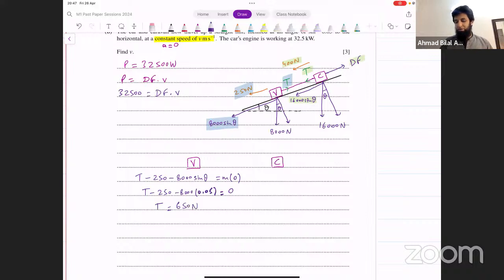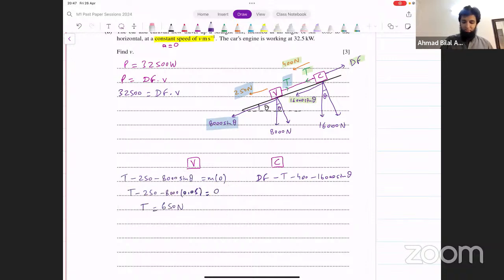Okay, now the other equation would be forward force for the car, which is driving force, minus the backward forces, which are T, 400, and 16,000 sine of theta. That equals mass into acceleration. Again, acceleration is 0, so the right side is just 0. We know the value of tension now.